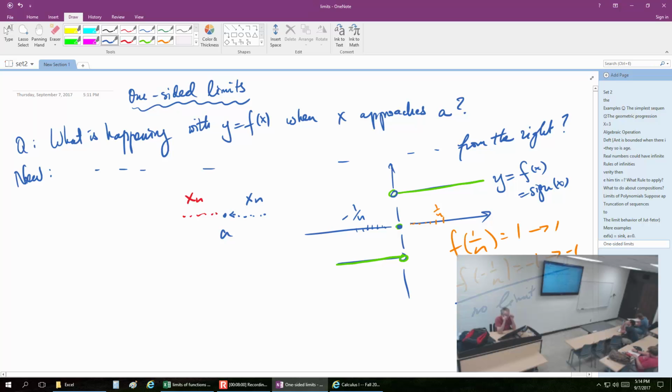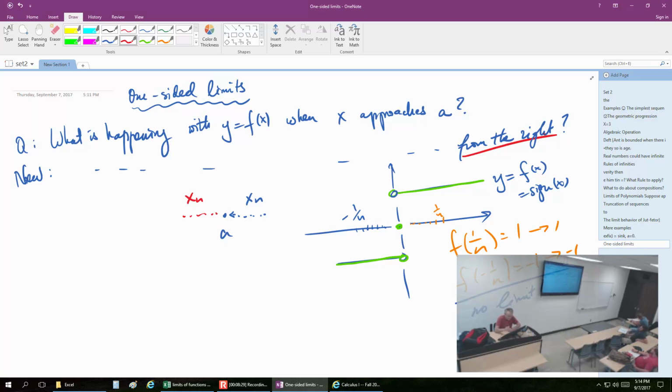Remember, all the sequences must converge to the same number. That's a requirement for the limit. So that's the negative conclusion, sort of no limit. But look at it. If we only take half of the graph of the function, and concentrate only on the function values of x to the right of 0, then everything is fine.